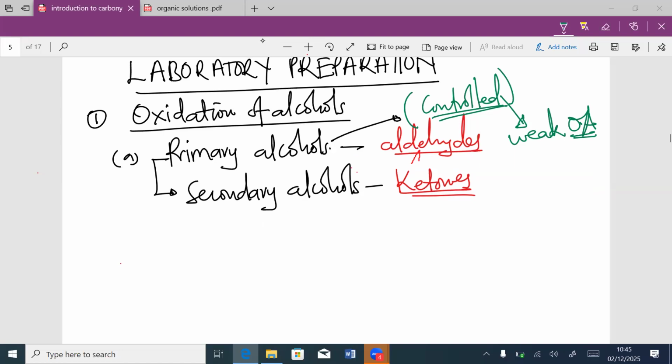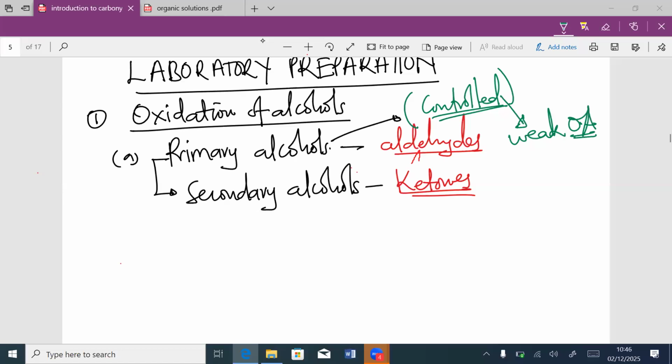Why? Because when you use a strong oxidizing agent to oxidize primary alcohols, you end up having a carboxylic acid. You're seeing that? So for this, we actually do a controlled oxidation of primary alcohols to yield aldehydes. Then for secondary alcohols, you can use strong oxidizing agents.